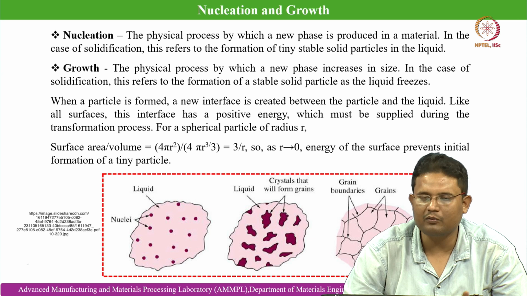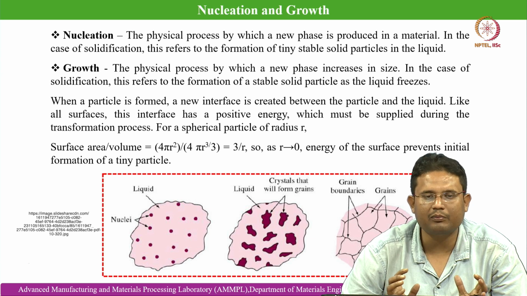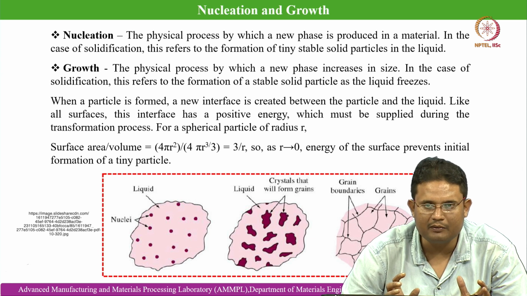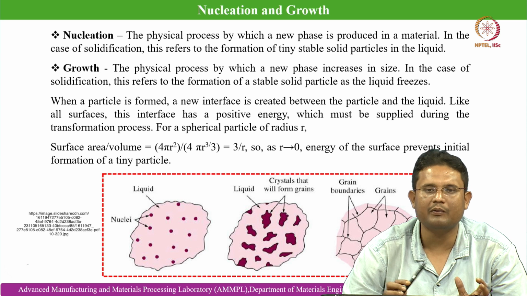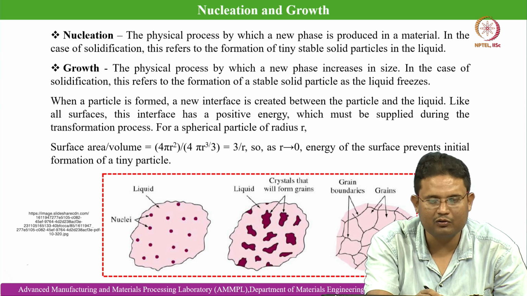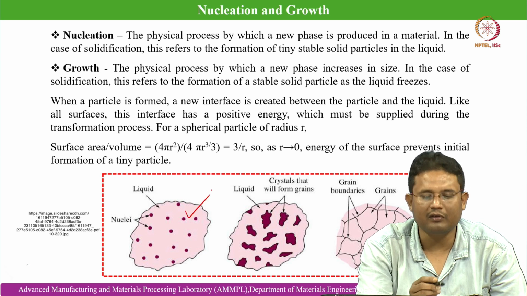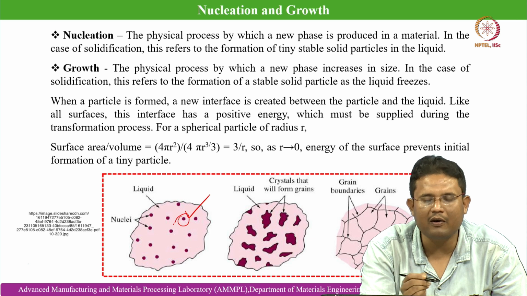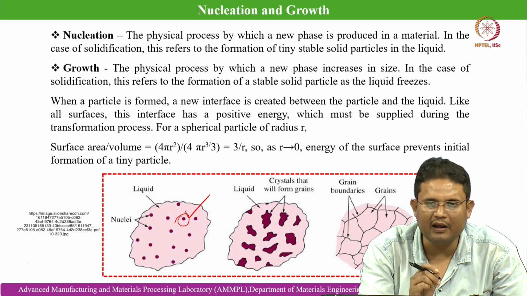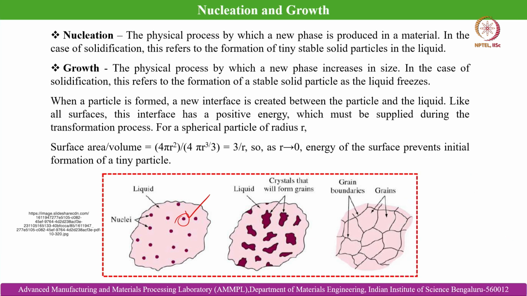Assume that we are nucleating a spherical particle from the liquid melt pool, which is kept within a container, shown like this over here. These spherical particles, the tiny nuclei, are coming out from the liquid melt. In their case, the surface area by volume will be the sphere surface area, 4 pi r square, divided by the sphere volume, 4 by 3 pi r cube, so it becomes equal to 3 by r.